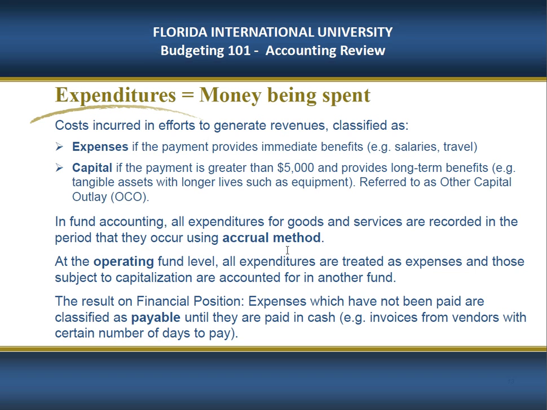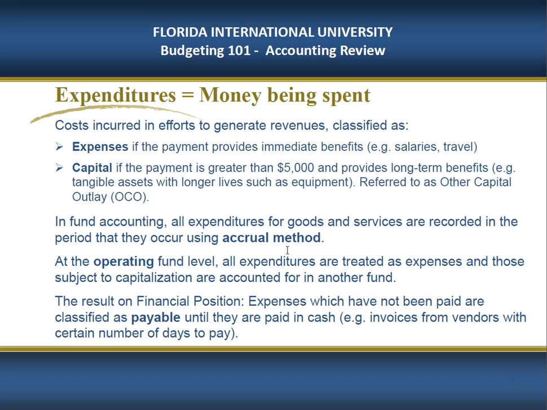Here at FIU, we refer to these type of items as OCO, other capital outlay. Other capital outlay are payments greater than $5,000 for things that will provide a long-term benefit. Again, an example would be a very expensive piece of lab equipment. These are other capital outlays, or OCO.